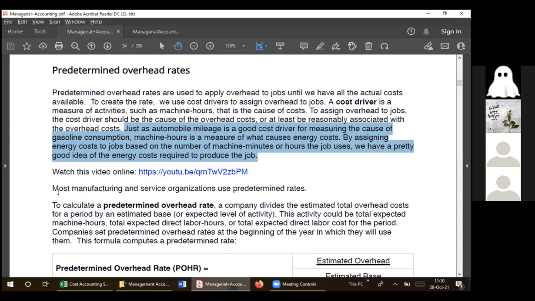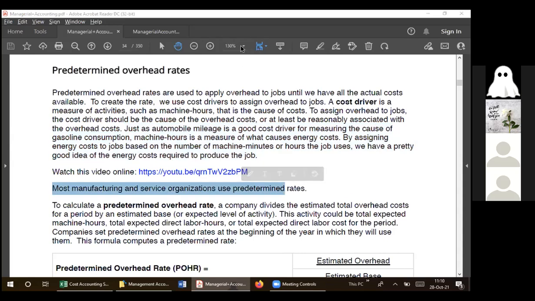Most manufacturing and service organizations use predetermined rates.